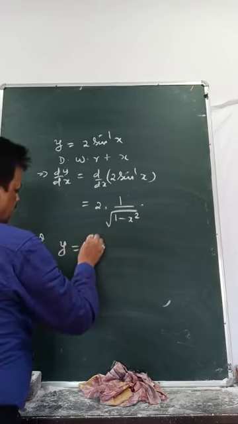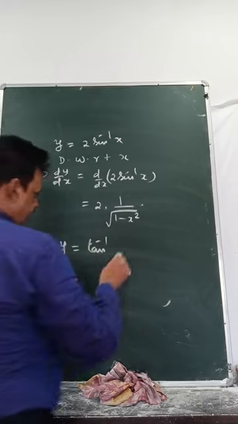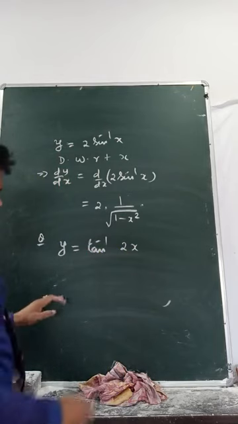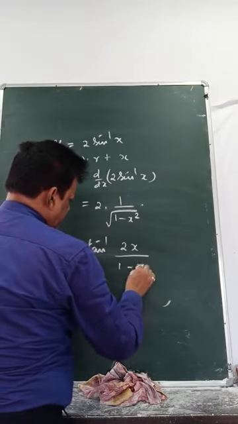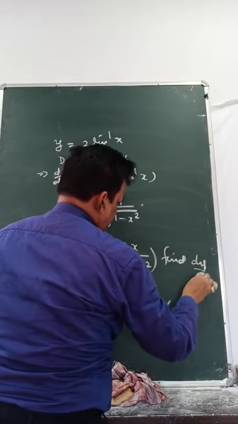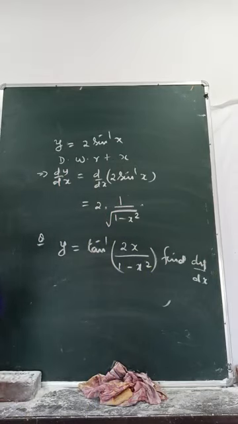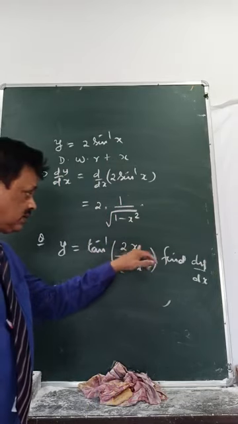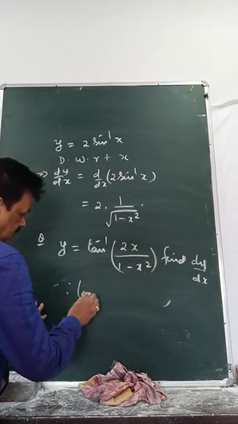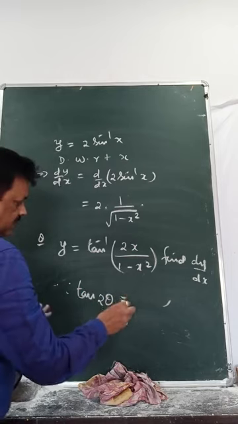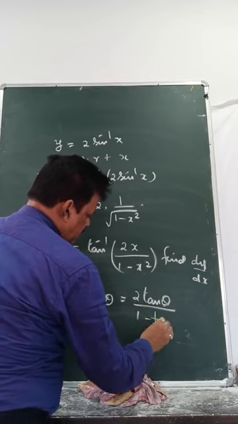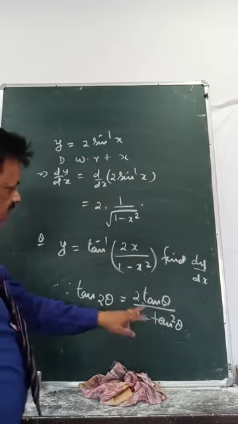y equals tan inverse, I will take first a simple question, then I will go for its application. Find dy by dx. So in this case, what will you do? This is 2 tan theta by 1 minus tan square theta. Look at the formula. Since tan 2 theta is 2 tan theta by 1 minus tan square theta, that means this will be tan 2 theta.